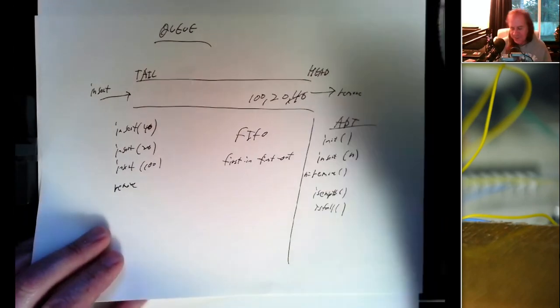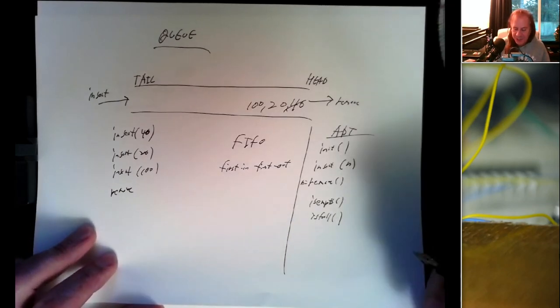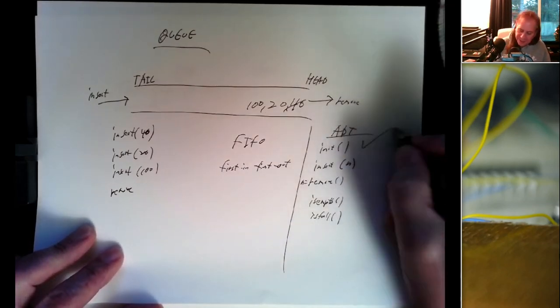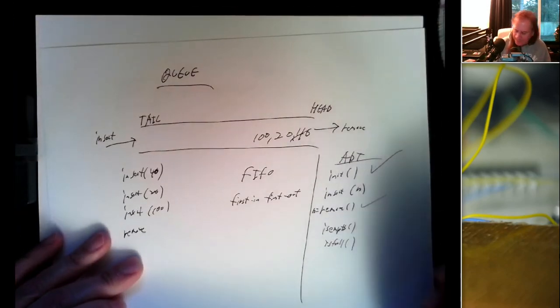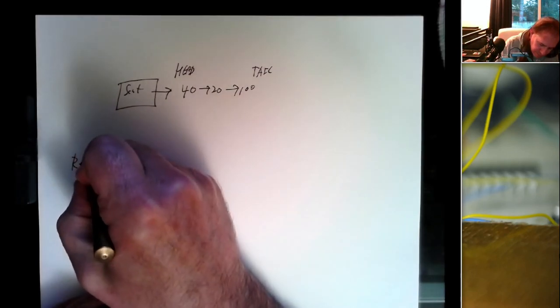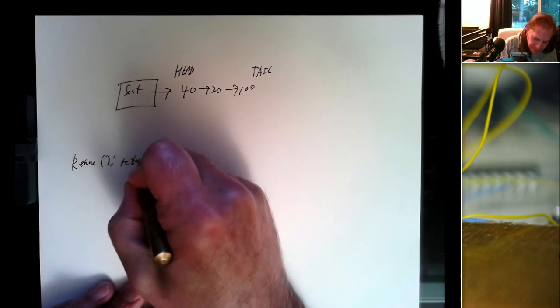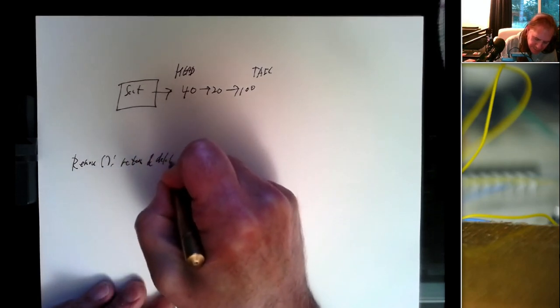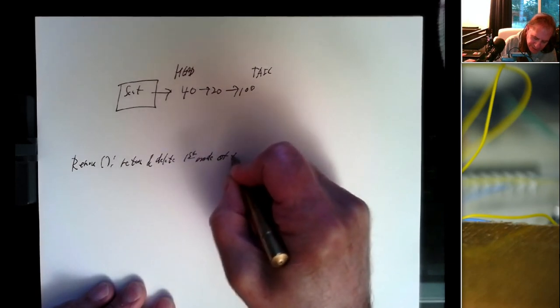The init function is just the same initialization as for our stack, same initialization for our linked list. It just makes an empty linked list. The remove function is just return and delete the first node of the list.